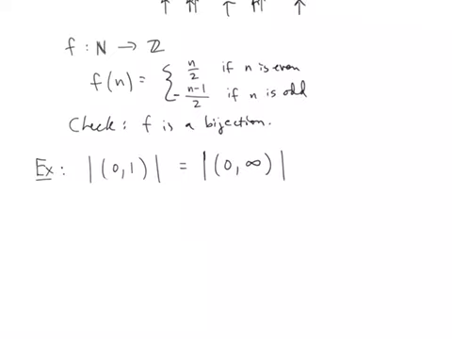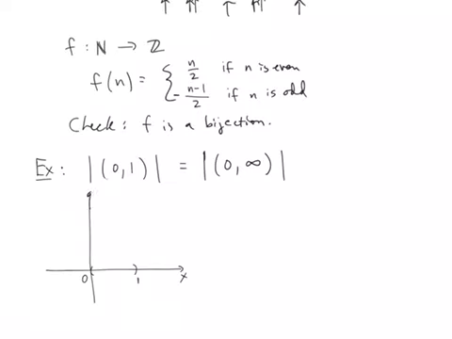So all we need to see this is to construct a suitable function, and you can think about it in terms of graphs to get an idea of what the function might be. So you have your interval from 0 to 1 here, and you want your function to take that interval from 0 to 1 to the interval from 0 to infinity. So your input axis, that's x, is your interval 0 to 1.